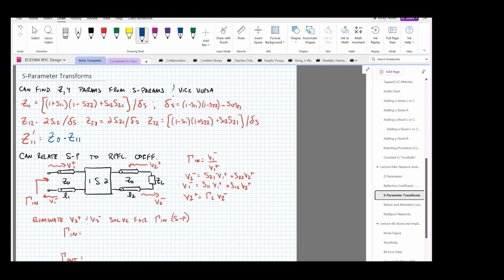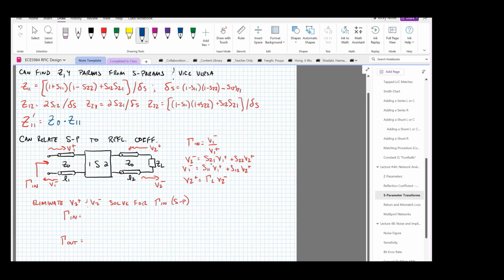I know that V2 minus is given by S21 times V1 plus S22 times V2 plus. I know V1 minus is equal to S11 times V1 plus S12 times V2 plus. And I can further find the reflection coefficient at the output if I know the ratio of the incident wave at the output and the reflected wave at the output.